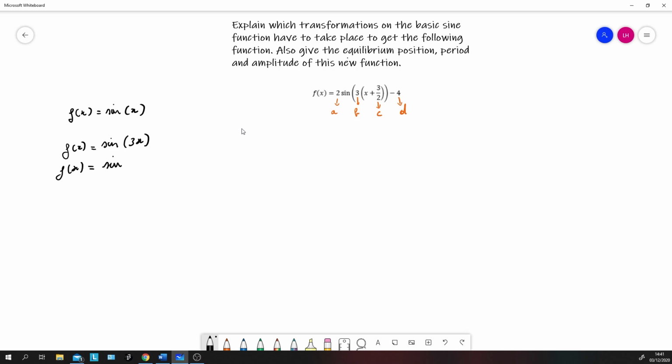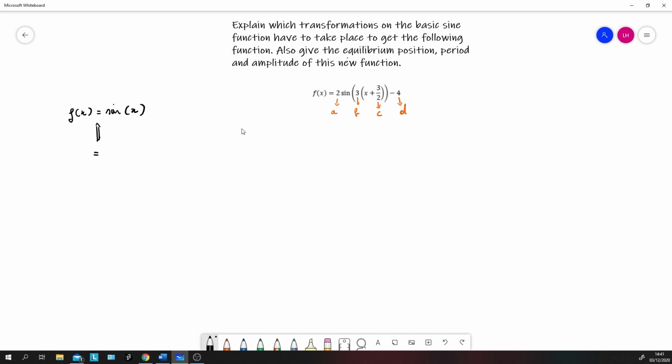f(x) = sin(3x + 3/2). And what we see, sin(3x + 3/2) isn't equal to sin 3(x + 3/2). So we know for sure that the c parameter comes first, that is our horizontal shift.